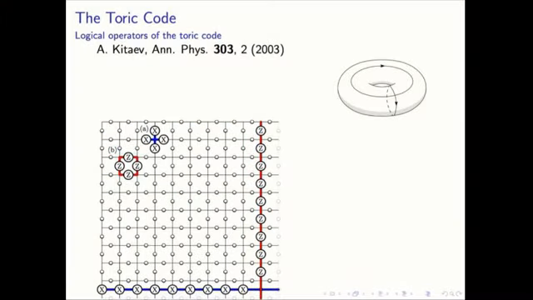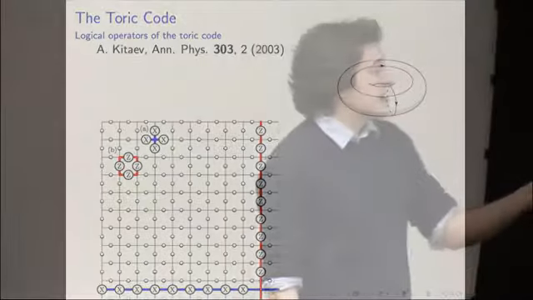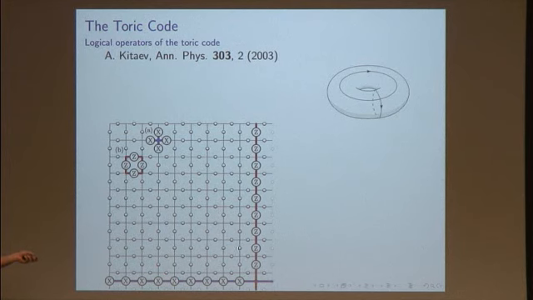And the logical operators, as I mentioned, with topological codes, are supported on the non-contractible handles of this model. Here's a string of Pauli Z operators that runs around one handle of the torus.